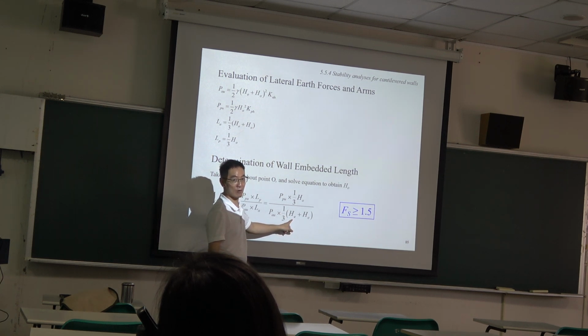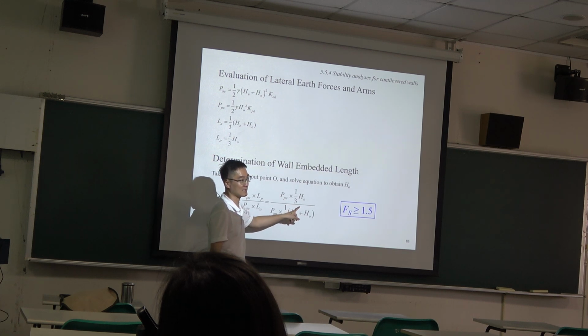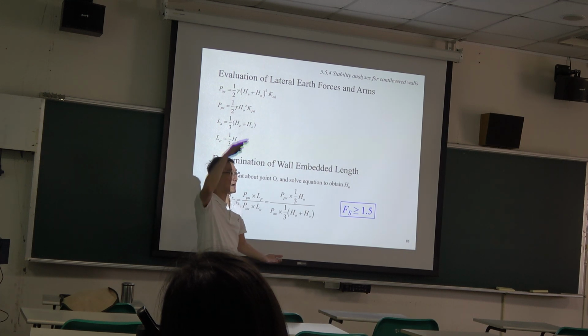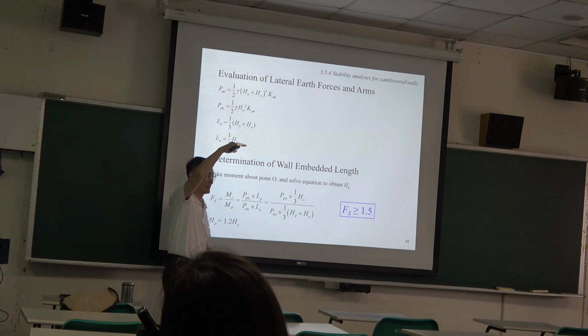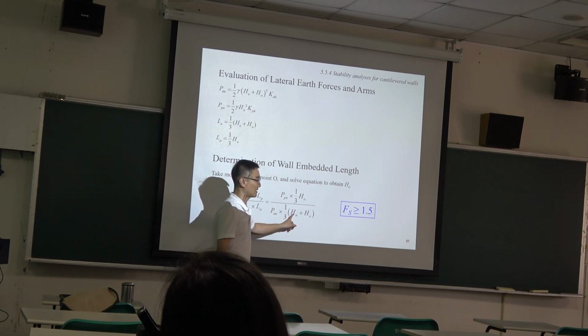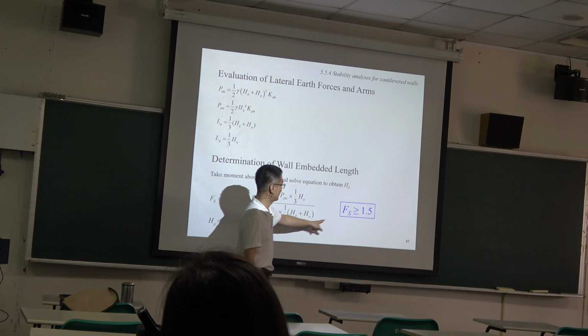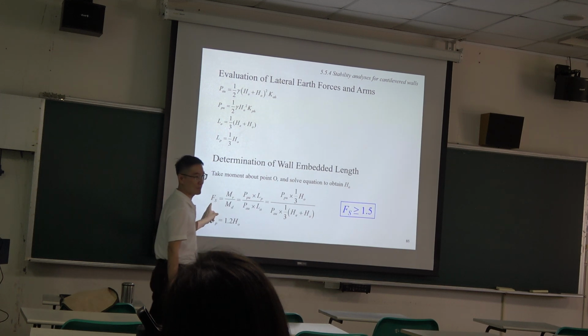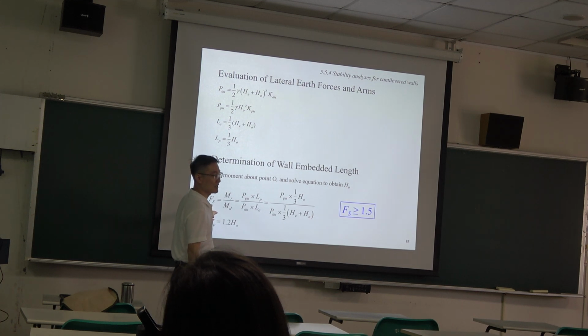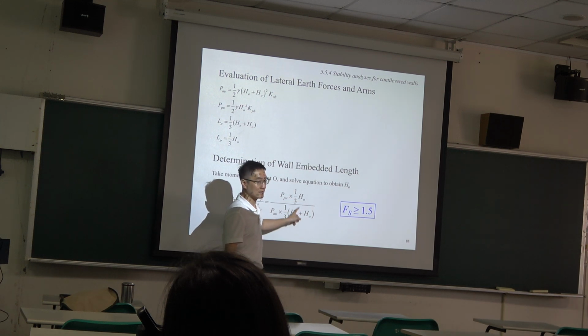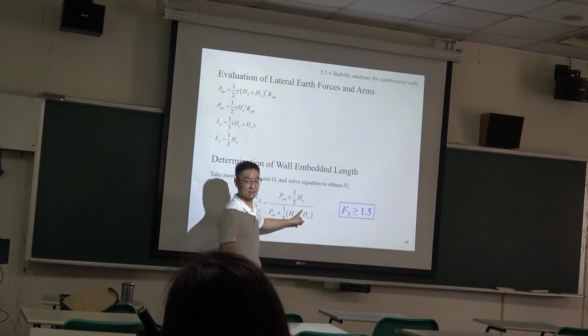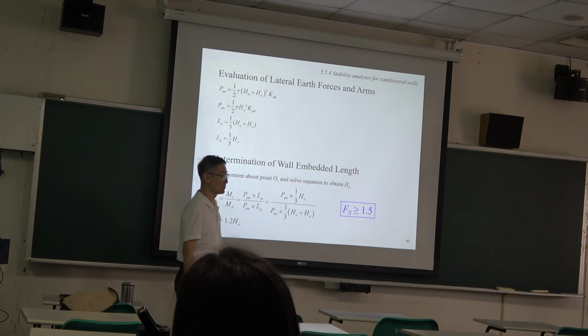Theoretically, we should know our excavation depth, because the excavation depth is determined by how much soil you should remove. So we know the requirement, 1.5 here. By using trial and error, we can work out HO.